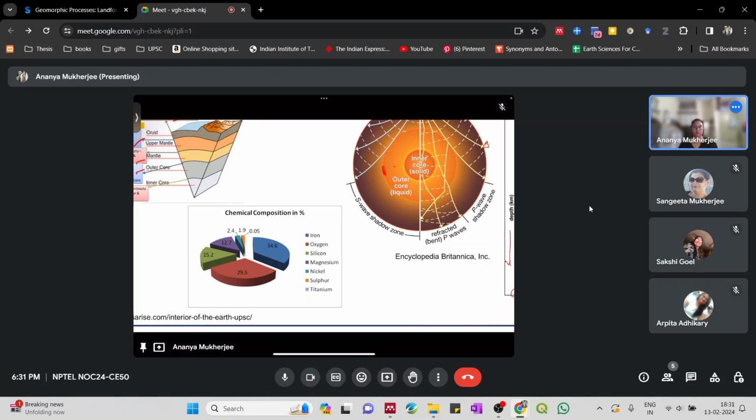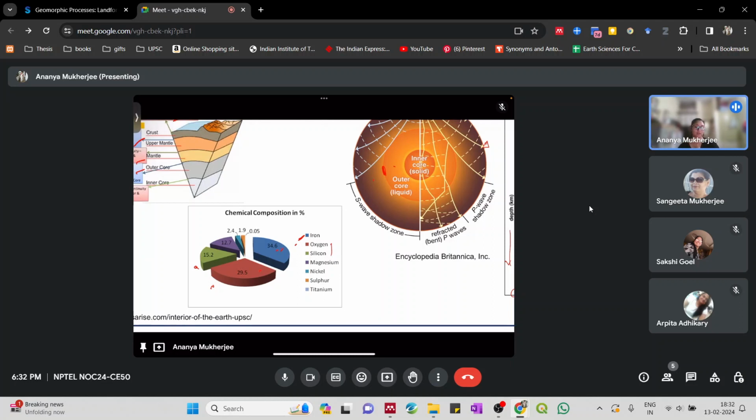Okay, so you can see that over here oxygen and silicon have the major percentage, and iron also occurs in the composition. The iron forms minerals and compounds, and these are also with oxygen and silicon.